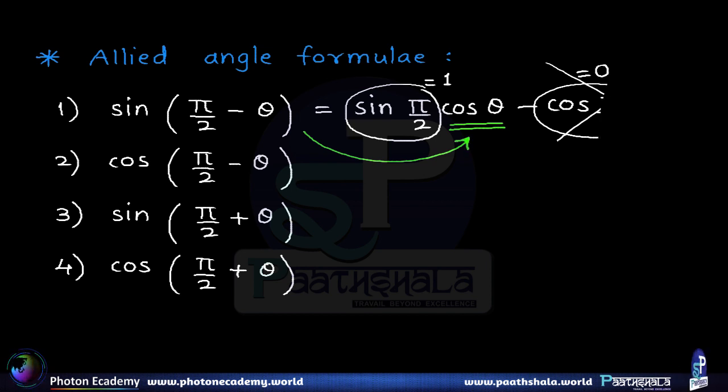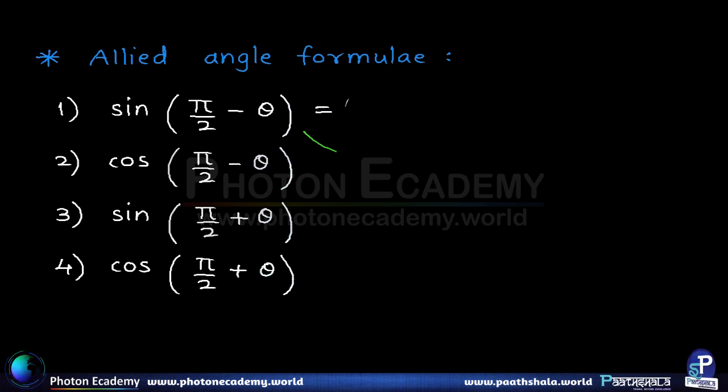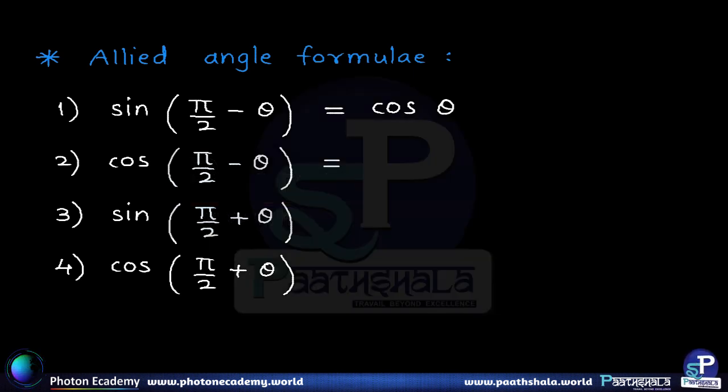Alright, so that is how we derive this simple result, and let us write that result also. So sine of pi by 2 minus theta is nothing but cos theta, and this we also knew from the elementary trigonometry concepts. Cos of pi by 2 minus theta can be similarly shown to be equal to sin theta.